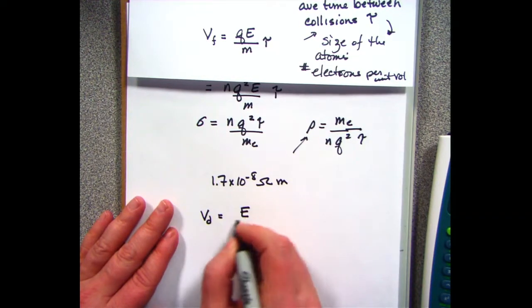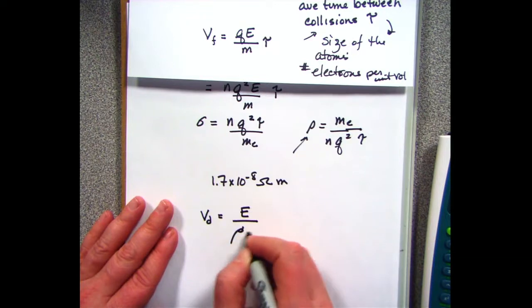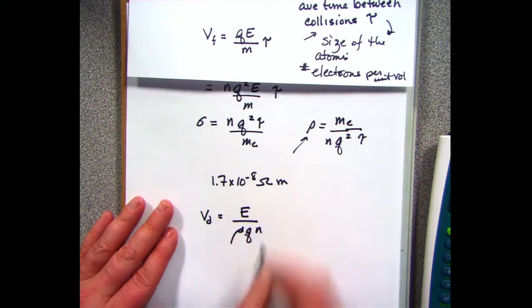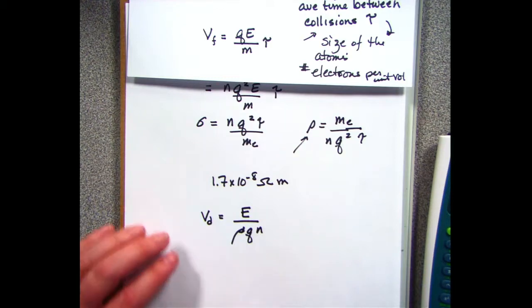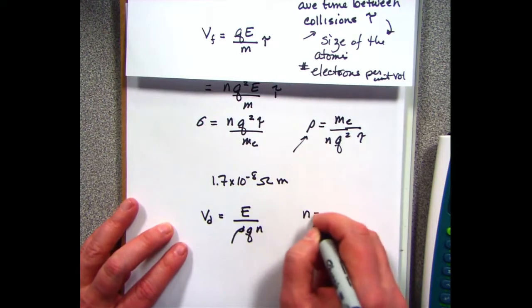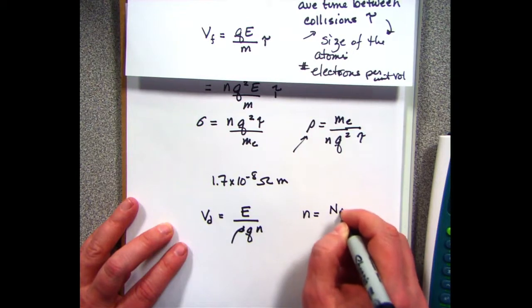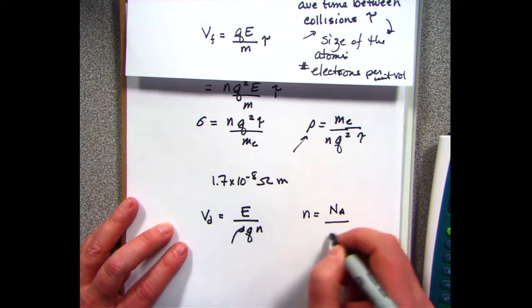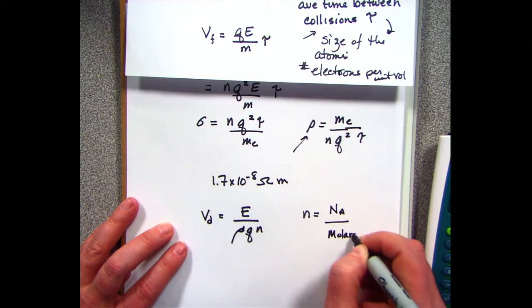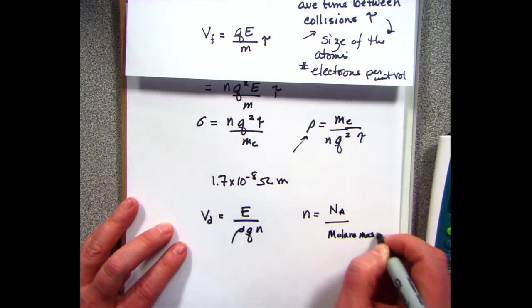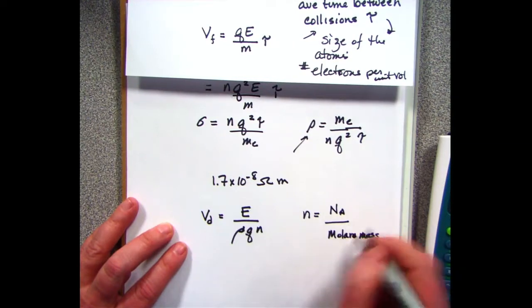We also find that N is equal to Avogadro's number times the density divided by the molar mass of what I'm dealing with. So we can calculate N for copper. Oh, and this is density, this is not resistivity. This one's density. That's why these things get confusing.